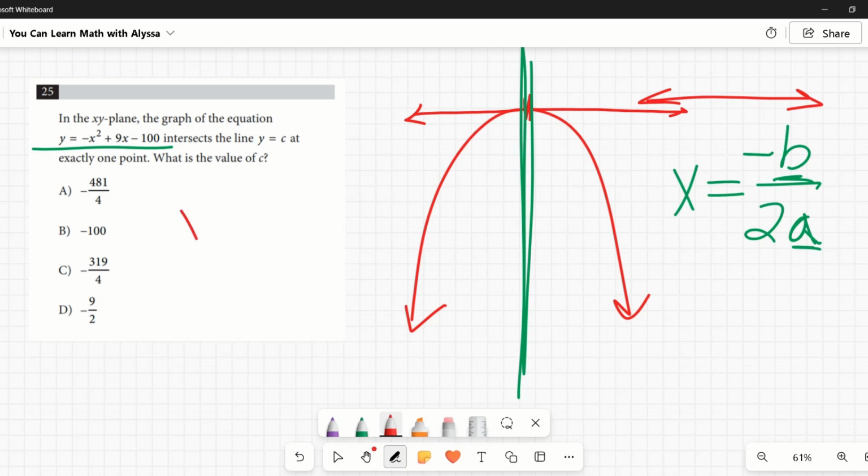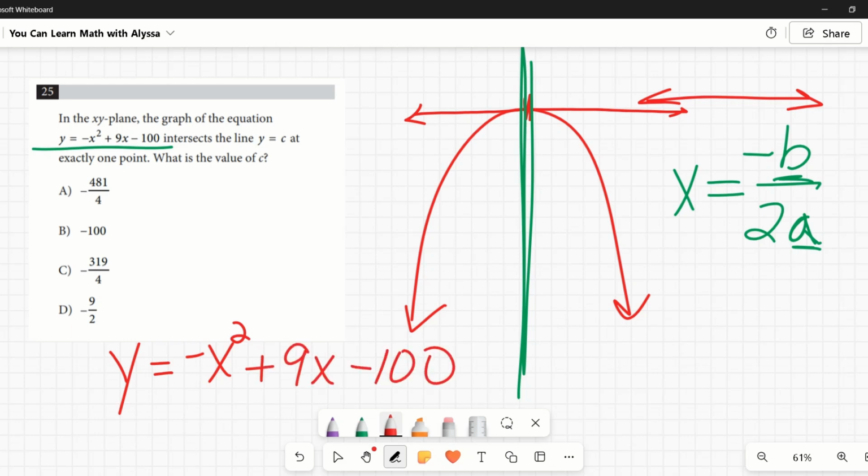So here, y equals negative x squared plus 9x minus 100, and I probably should have written that. Let's write that a little over here. Oh yeah, y equals negative x squared plus 9x minus 100.